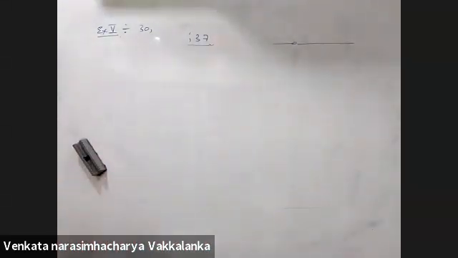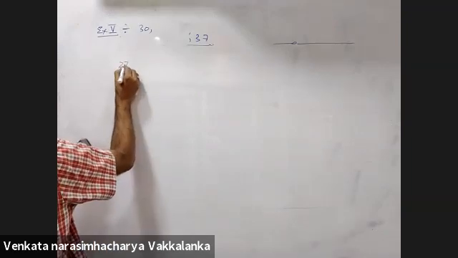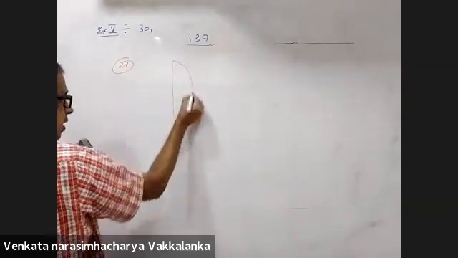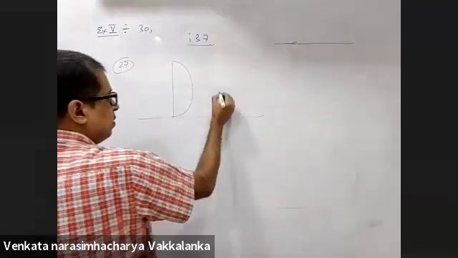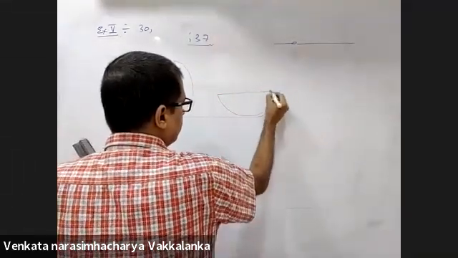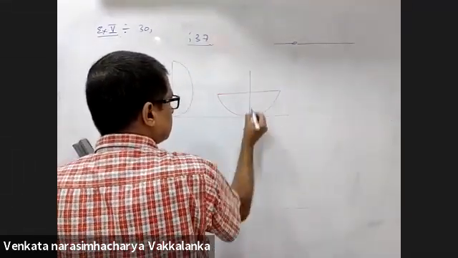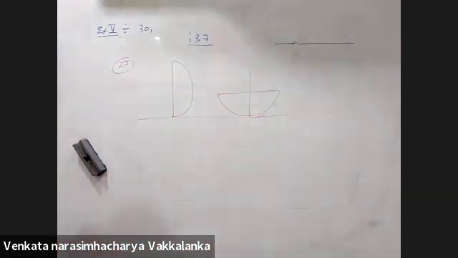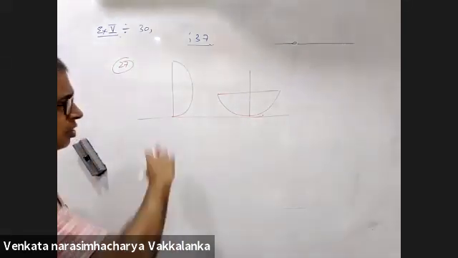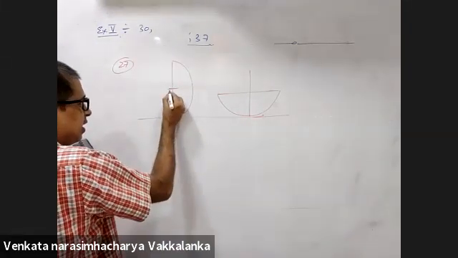No, 27. I again have a feeling I have done this, but never mind, have a look at it. When will this be maximum? When it comes here, omega. Loss in potential energy is gain in kinetic energy.